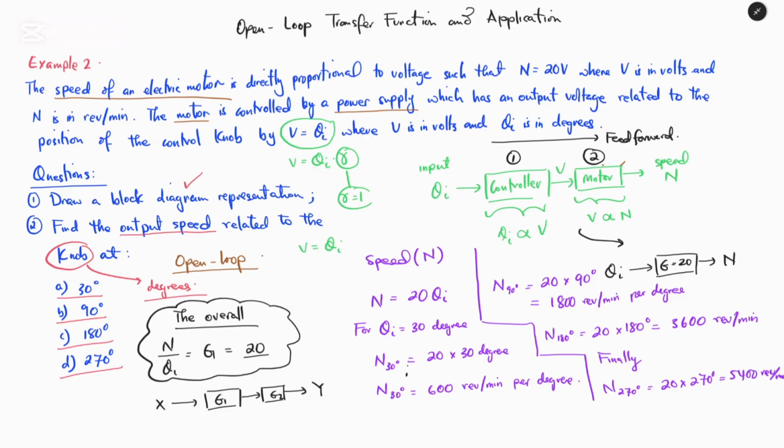When we decrease the knob, we are decreasing the speed. And this is also one of the simplest examples which can help you fully understand how the open loop transfer function is made and how the response of the system is computed using a set of desired inputs.